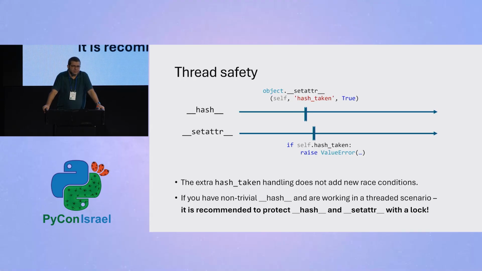If you have a potential scenario where one thread calculates a hash, which is a very non-atomic operation, while another thread modifies the object, you might want to look into locking your custom hash. But that has nothing to do with the lazy freeze decorator. It does not add new races where previously there weren't any.